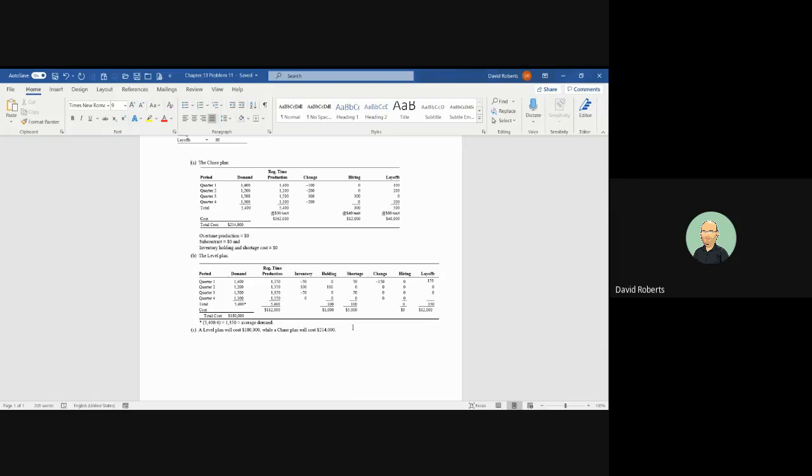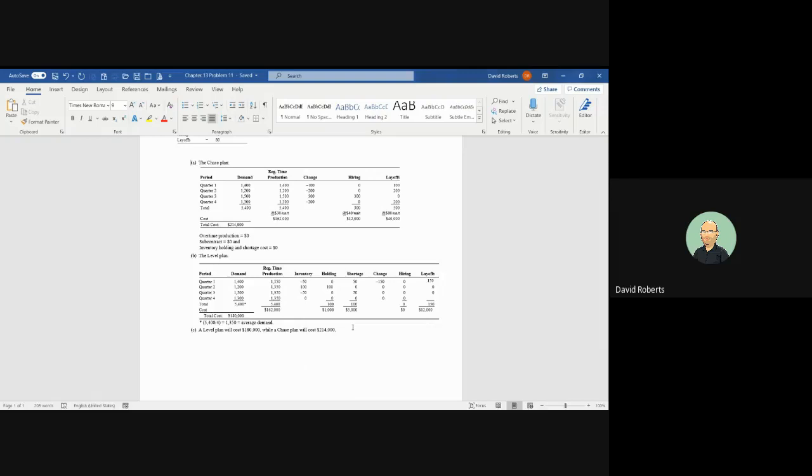A lot of this depends on, obviously, the cost to hire, the cost to lay off, and the cost of holding. See, that wasn't that much. It was only $1,000, and even the cost of shortage. So in this particular case, it's all about the ratios.